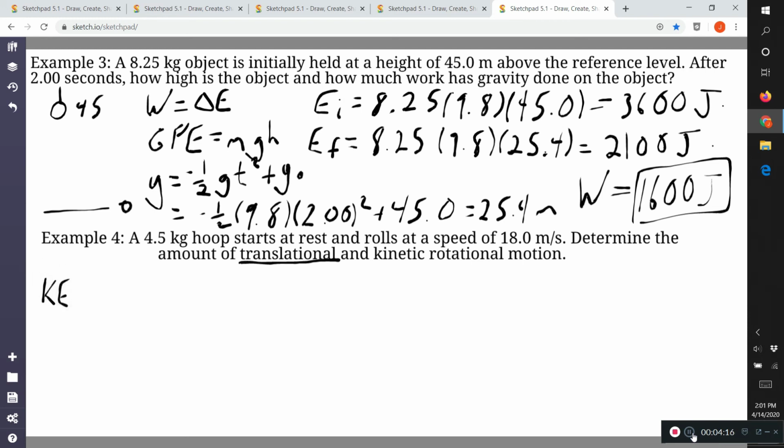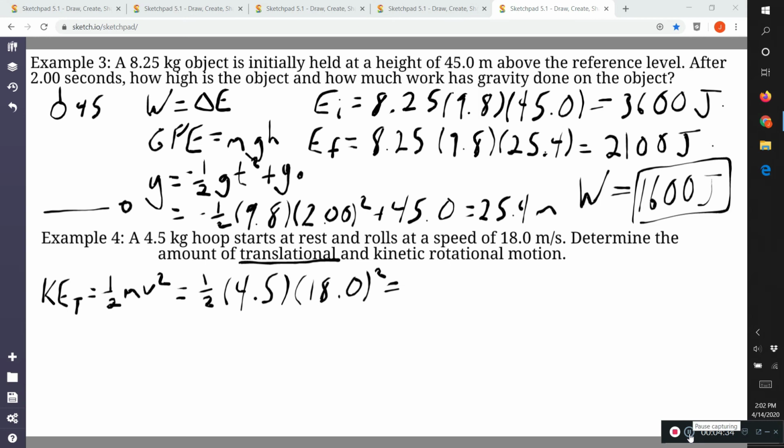Kinetic energy translational is 1/2 mv squared, and in this case that'd be 1/2 times 4.5 times 18.0 squared. And we would get 729. Now, rounded appropriately, it should be 730 joules.